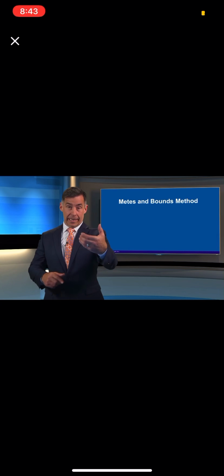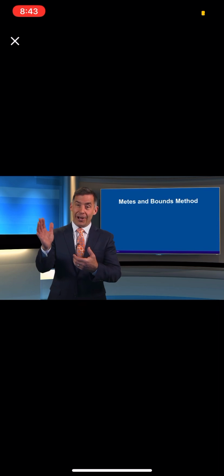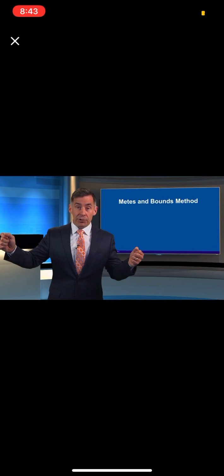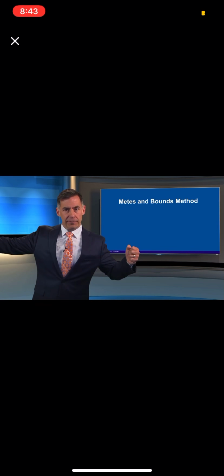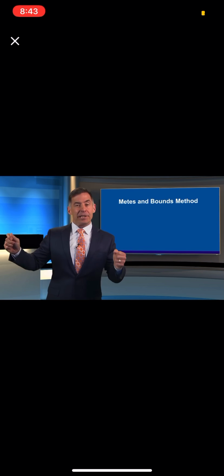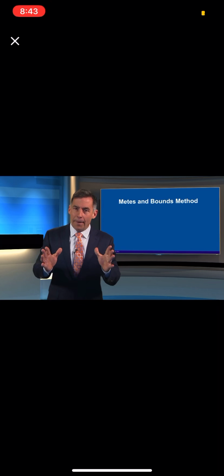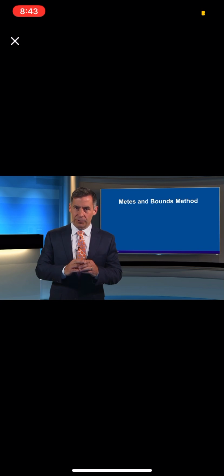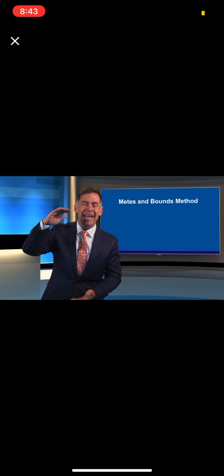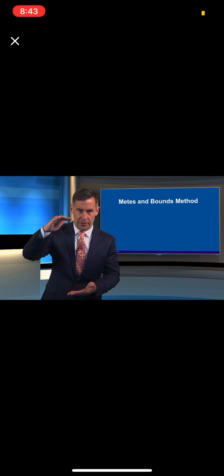You've got to have a compass, right? You've got to know how to read a compass, what angle, what degrees, what minutes, what seconds. You've got to have a tape measure if you're going to tape it off and do it, right? It can be a cumbersome process. I can tell you this, I've seen some metes and bounds descriptions literally cover 3 pages of information.